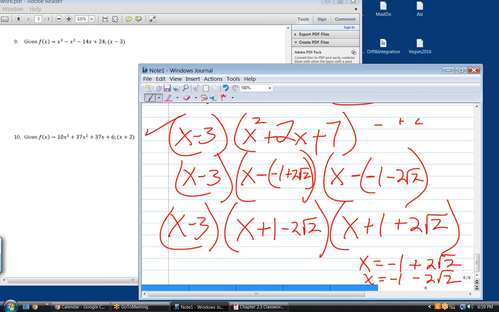They don't want you to come up with the imaginary solutions and make it x minus whatever that imaginary solution is. You could, but they don't want that. Whenever you're factoring these polynomials, you always bring them down to linear factors and irreducible quadratics if you have one.